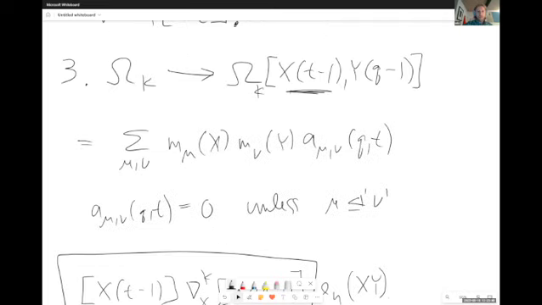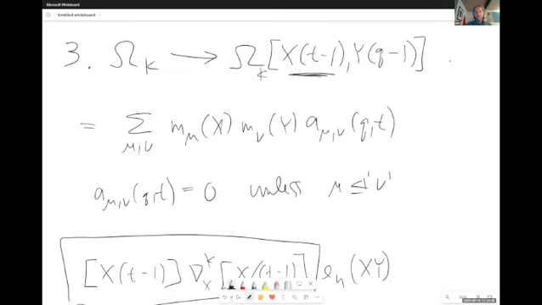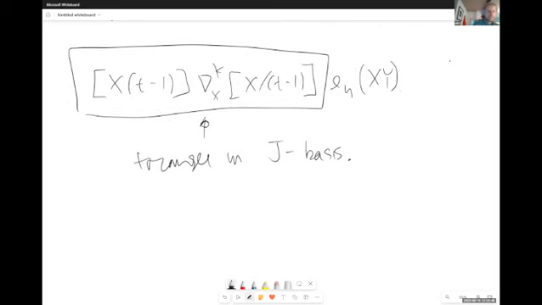And so why this is useful is that this is the way proof 1 proceeds. Proof 1 of the formula.